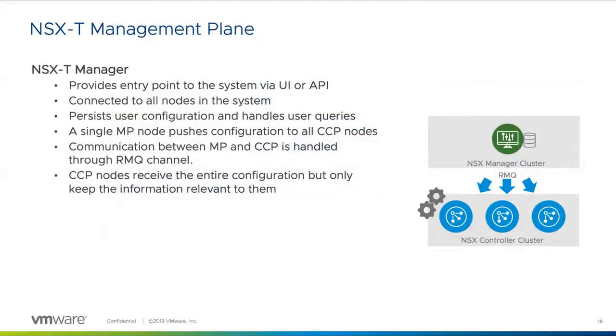So the management plane provides our entry point into the system. It's connected to all the nodes in the system, and the management plane agent can run relatively independently of the control plane, but there are scenarios where their fate is shared because they run on the same host.